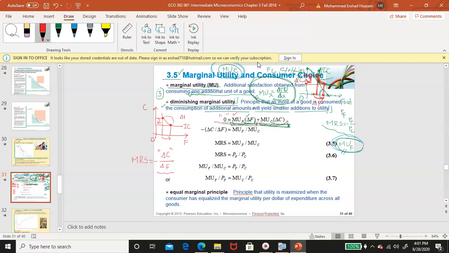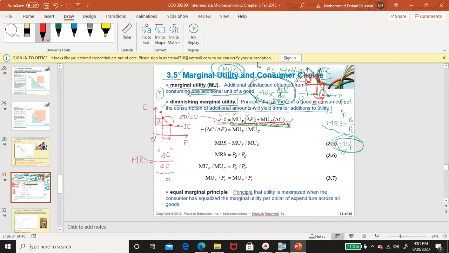Change of total utility along the same indifference curve is 0. All these combinations on that same indifference curve give us the same level of utility.